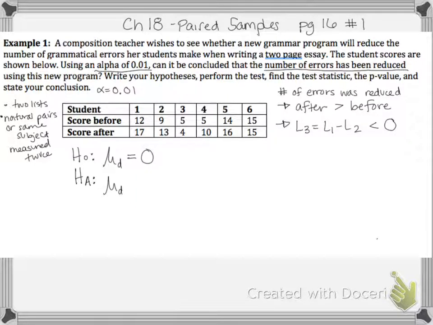We always assume that the difference here is 0, like they wouldn't make any errors if the two groups are the same. And then we would also be using this notation right here that we just determined to help us find our alternative hypothesis. We just decided that if we are subtracting, the difference here actually has to be negative. So we would do the subtraction here of the two lists and make sure the difference is negative.